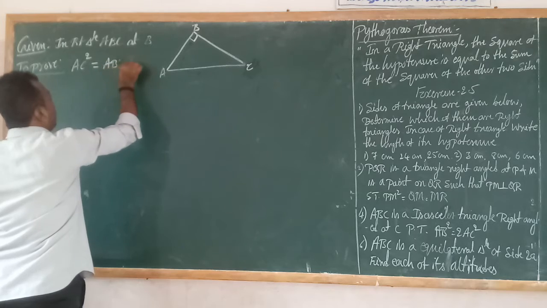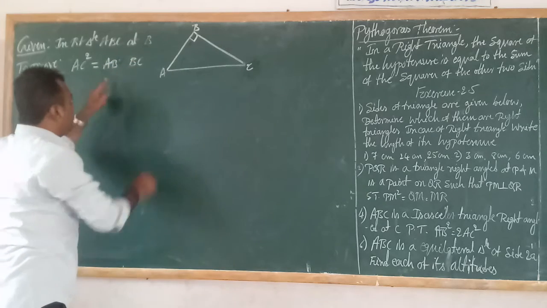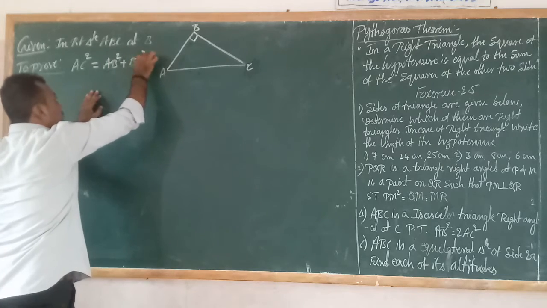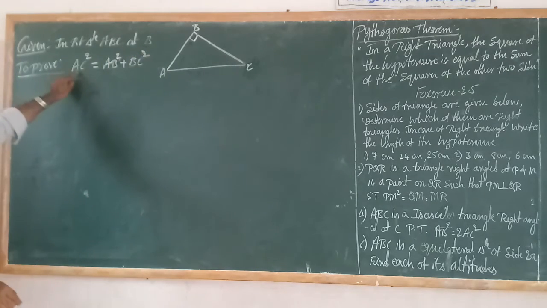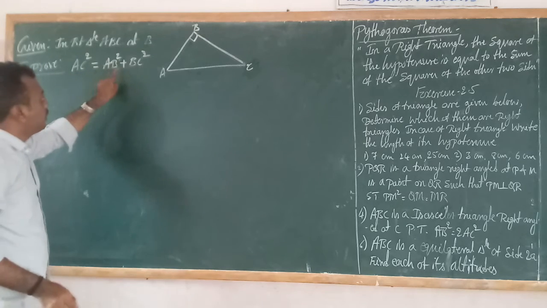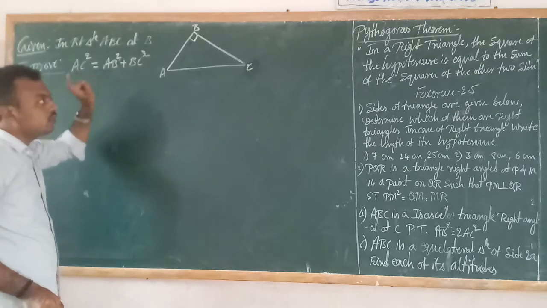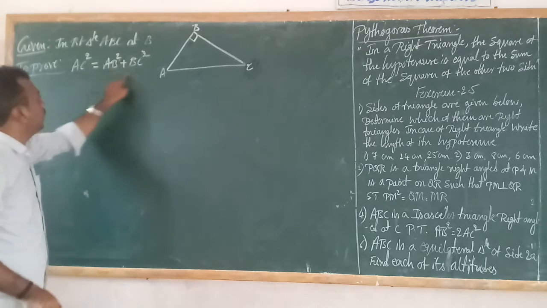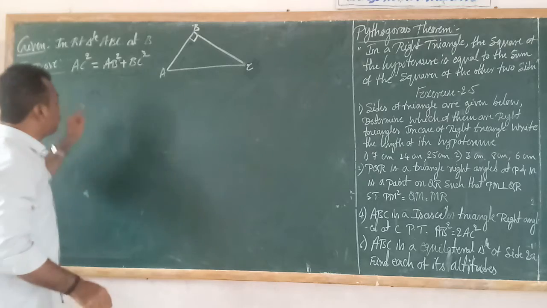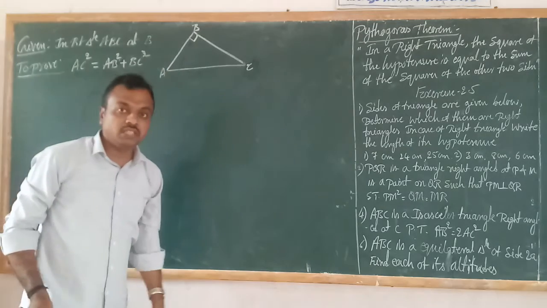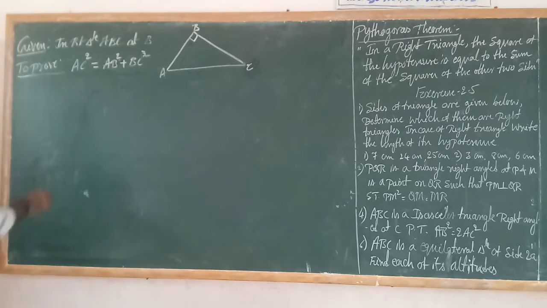In a right angle triangle, the square of the hypotenuse is equal to the sum of the squares of the other two sides. Writing this statement in equation form, we have to prove AC square is equal to AB square plus BC square. Correct? Shall we go to the next one?